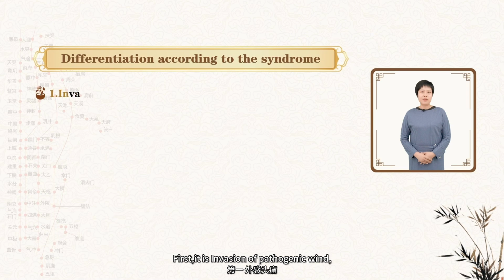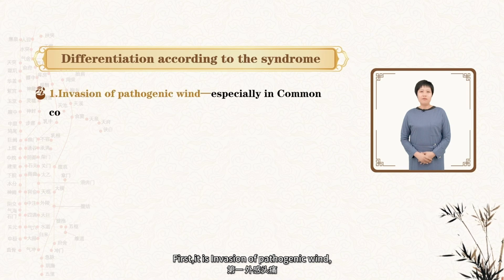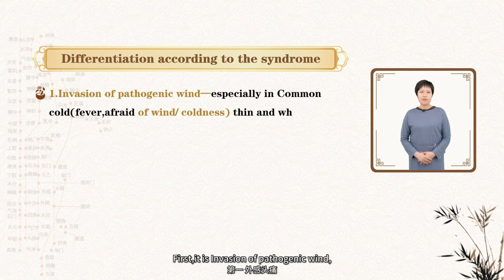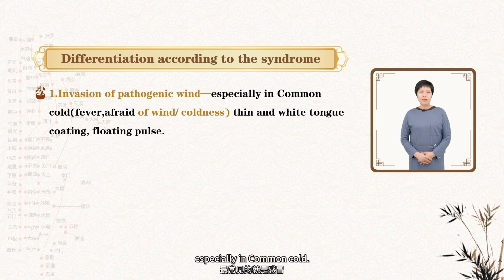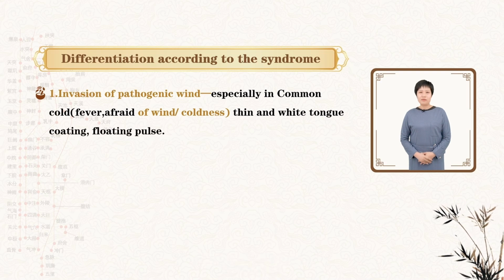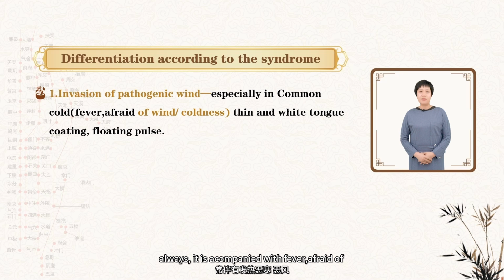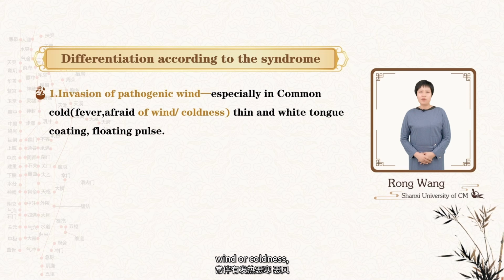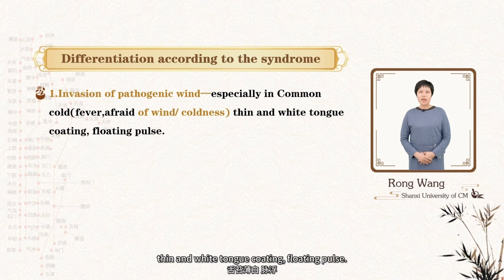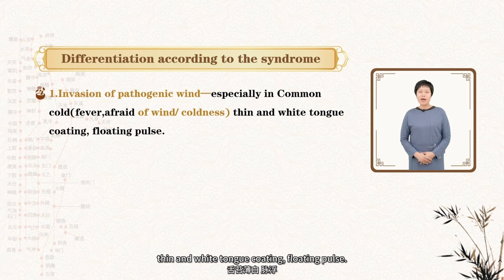First, it's invasion of pathogenic wind, especially in common cold. Always, it's accompanied with fever, fear of wind or coldness, thin and white tongue coating, floating pulse.